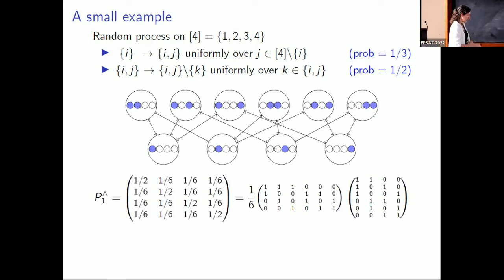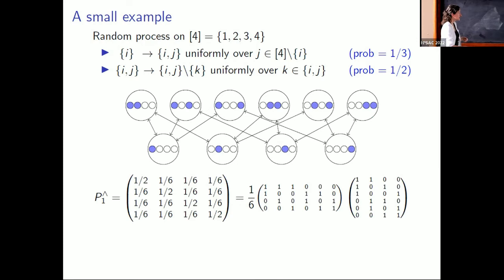And if I start at a subset of size 1 and take 2 steps, this defines 1 step in a Markov chain on this bottom row. And here's the transition matrix for this Markov chain. I have a 1/2 chance of starting somewhere, adding something, and then removing it again.